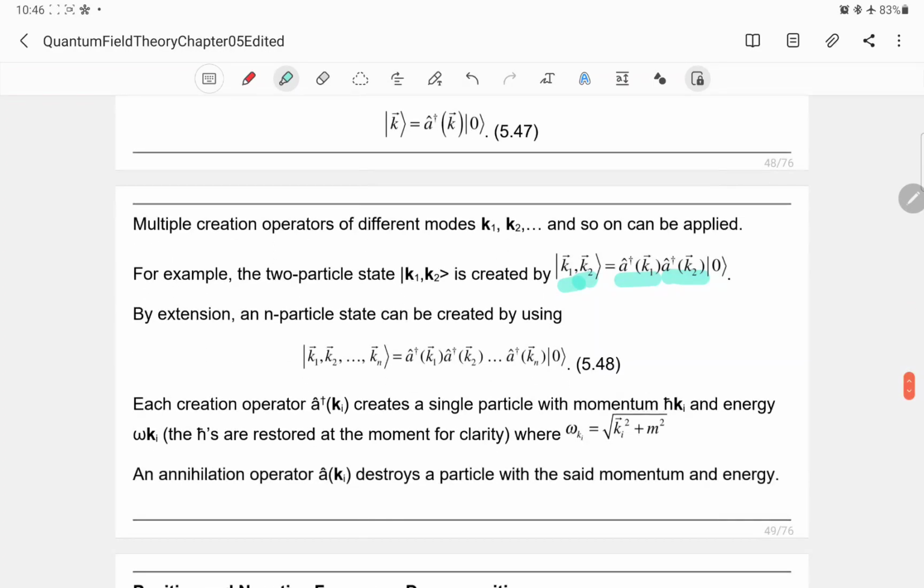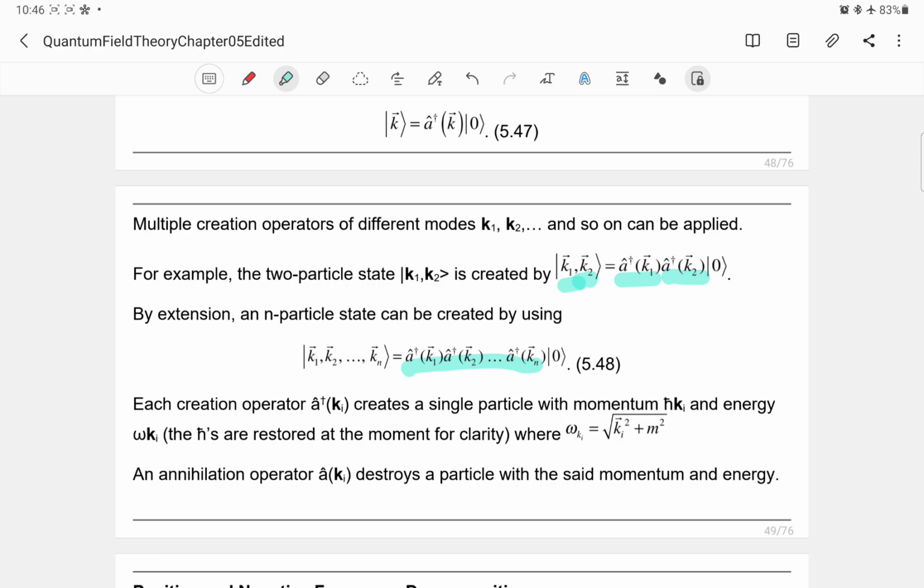And for n particle states, you'll be able to create them by applying creation operators multiple times, or say n times. But in this case, you have particles which have momenta that are different, k1, k2 until kn. So each creation operator a adjoint of ki creates a single particle with momentum h-bar ki and energy omega ki.